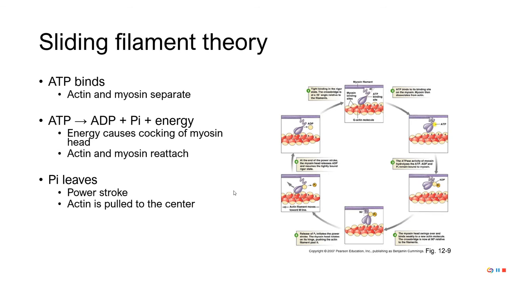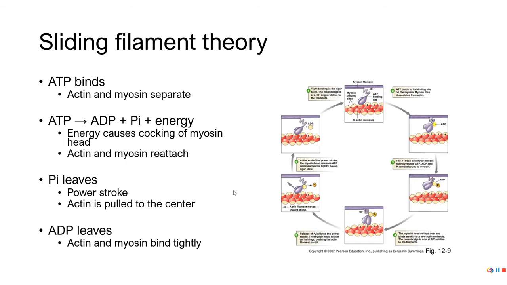The phosphate leaves, and this causes the myosin head to go through its power stroke. And so this is where we're pulling actin towards the middle. The ADP leaves, and actin and myosin are tightly bound. Okay, that is the sliding filament theory. Again, this is review. If you need more information, please let me know. But that's trying to keep it as simple as possible.